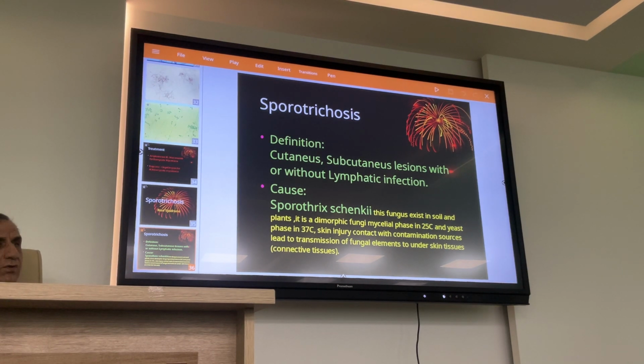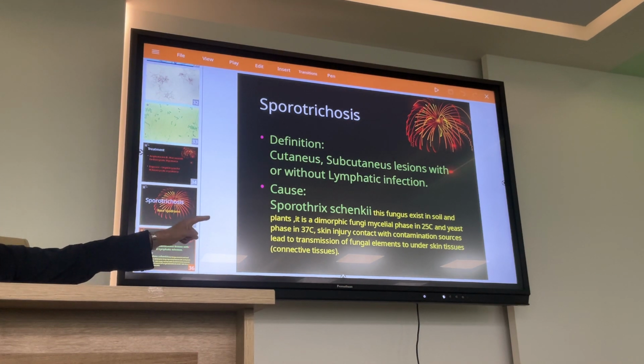When this microorganism enters the body, the body is similar to media at 37 centigrade. This is the condition that may change the microorganism. It has a process, but the process and mechanism are not important for you.